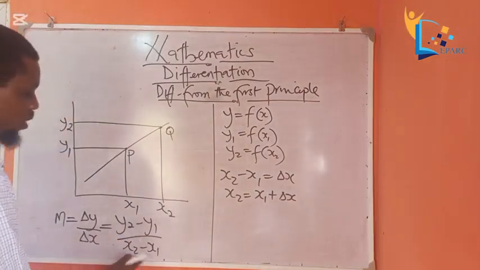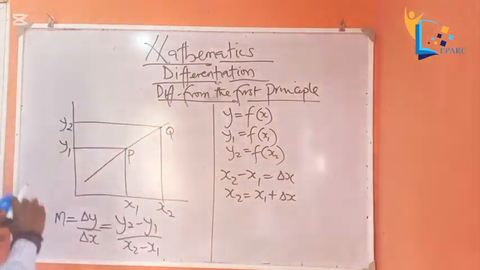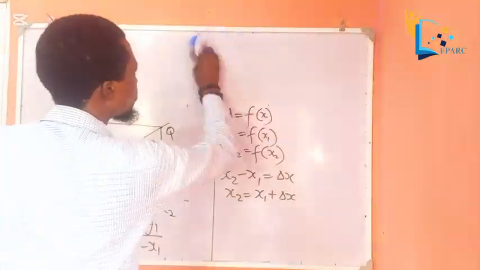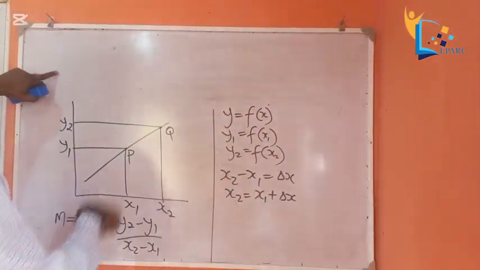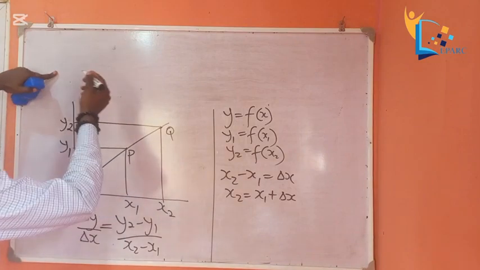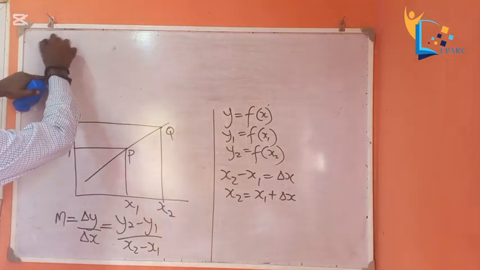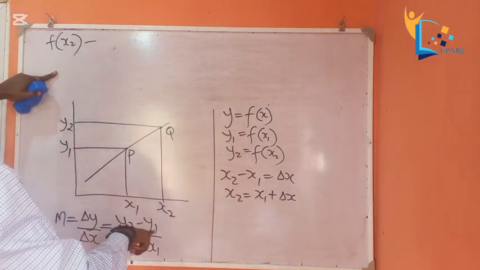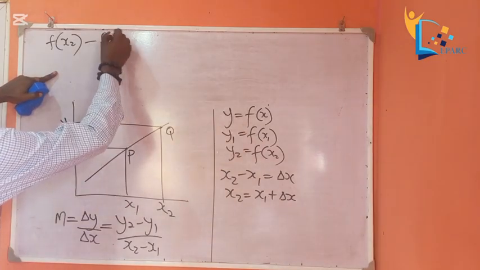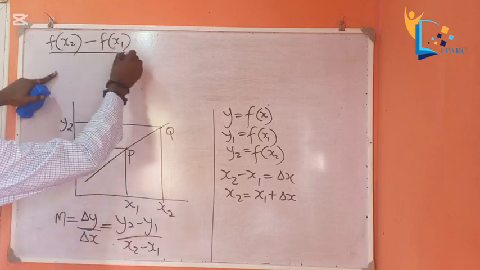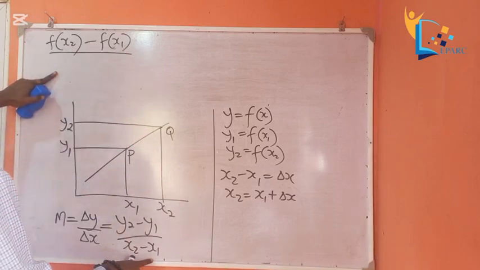So Y2 minus Y1, let's substitute. Remember, Y2 is a function of X2, so we have f of X2 minus f of X1, all over X2 minus X1.